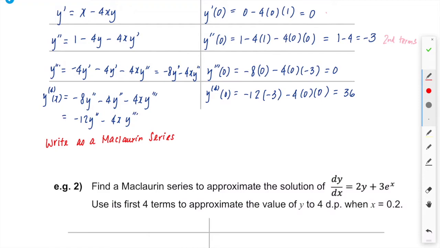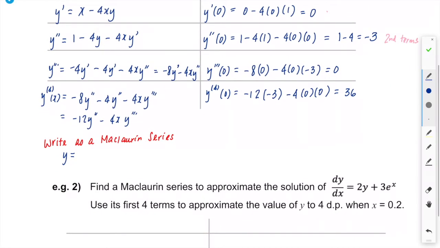Okay. So with this work, we can now write the Maclaurin series. So what does it look like? The function y is equal to, first term is 1 plus 0 in the x term, and then the next one is negative 3 over 2 factorial x squared. The next term is 0, and then plus 36.